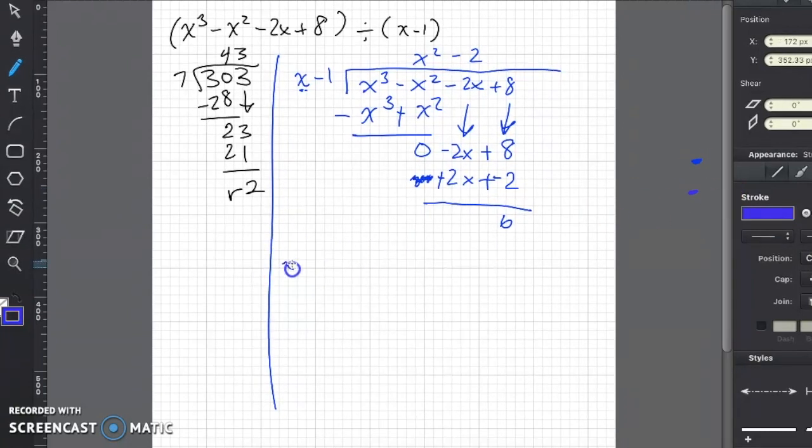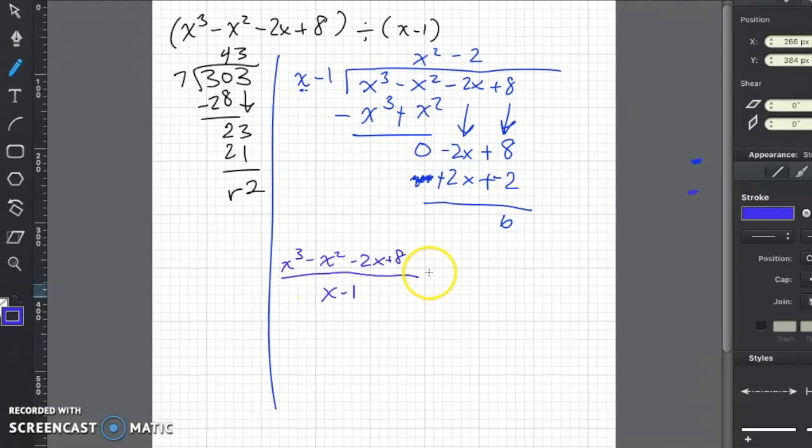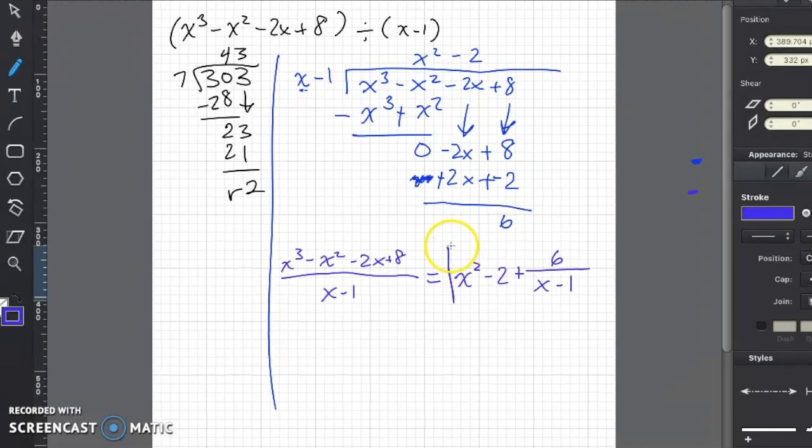I'm going to have x cubed minus x squared minus 2x plus 8 over x minus 1. Well, that is equal to x squared minus 2, and then I'm going to put my remainder, positive 6, so I'm going to go plus 6 all over x minus 1. Okay, that's going to be my final answer.